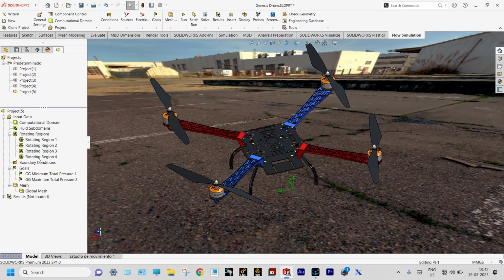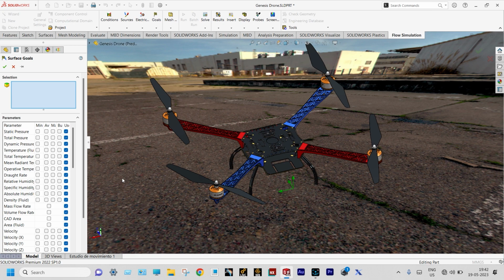So insert surface goals. Here we'll do one thing, like we'll see the thrust provided by this pair of rotors in the upward direction. At the same time, we'll see in the downward direction also, right? So what we can do is select some specific goals in a different way. It will be force in y direction because it is moving in the upward direction.